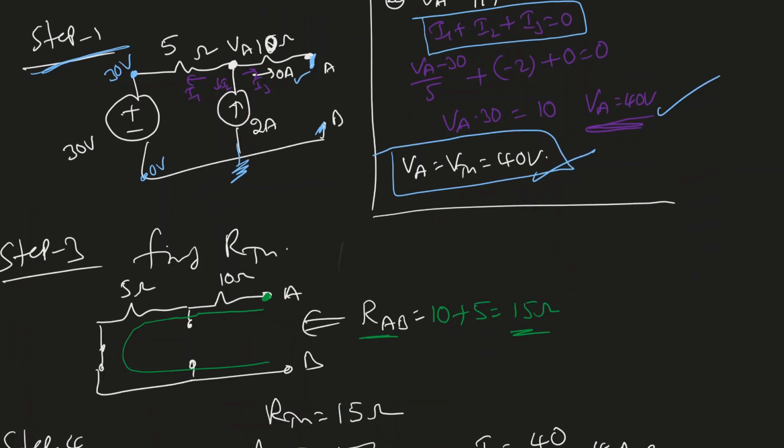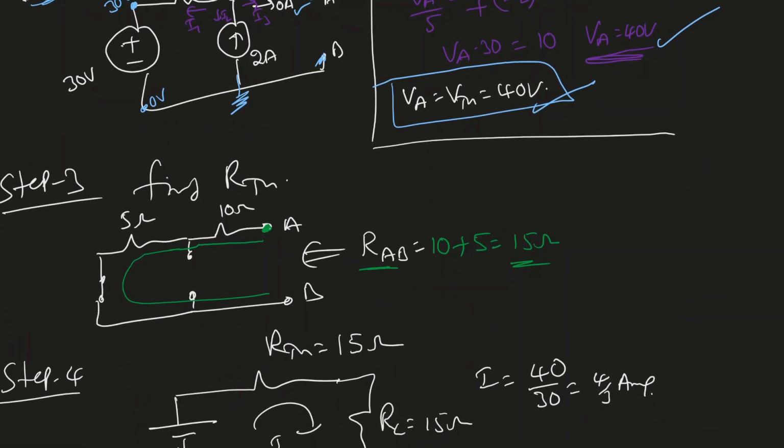Step 3, find R Thevenin. How do you find the Thevenin equivalent resistance? We will follow the same methodology. Remove all independent sources with their internal resistance: voltage source, short circuit; current source, open circuit. That's what I did here.